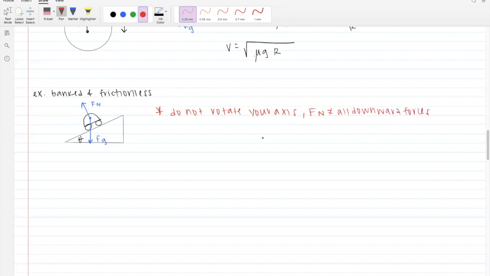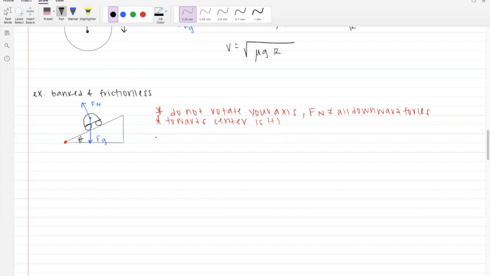Again, because a portion of that normal force is going to be contributing to the centripetal force. And like I said before, towards the center of your circle that you're going about, so this would be your center, is going to be positive.